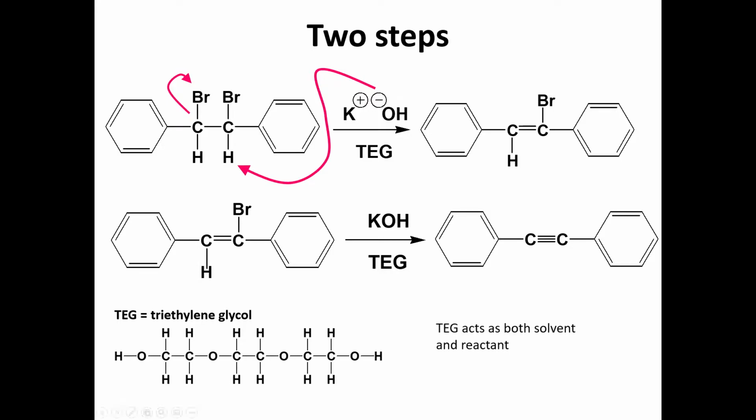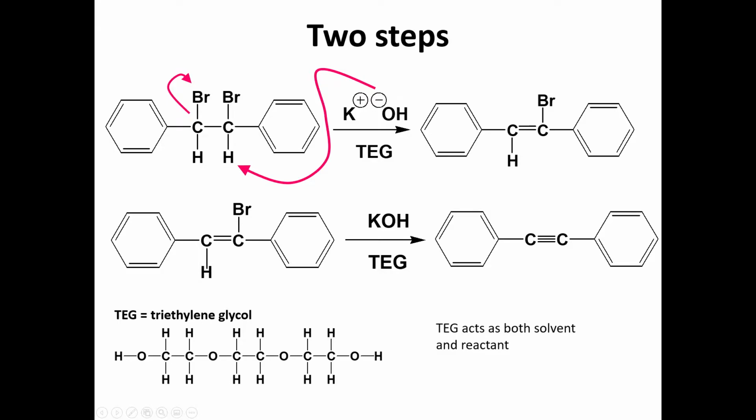This will then undergo another elimination reaction, not particularly with potassium hydroxide, and I'll go a little bit more over that. But with the second elimination reaction, the same idea follows, where a very strong base will come and remove this hydrogen and this bromine, and will form a triple bond.